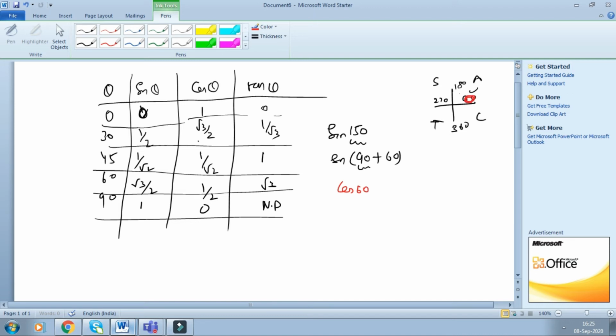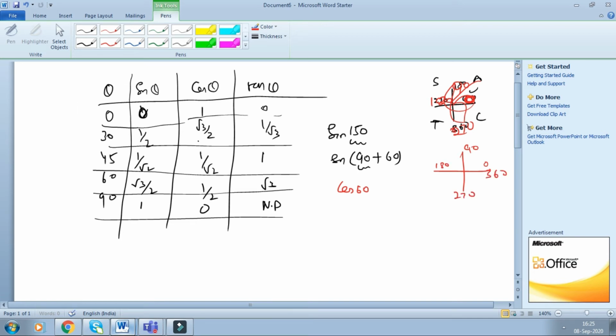Sorry, just corrected, I'll create it again. This is 0, 90, 180, 270 and 360.